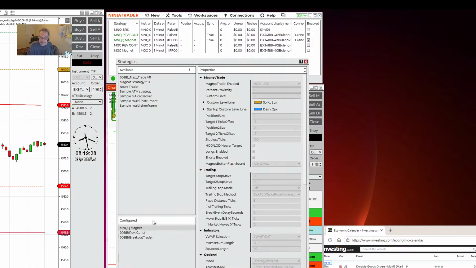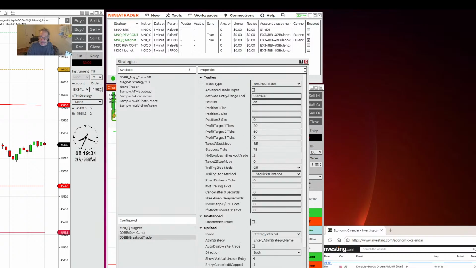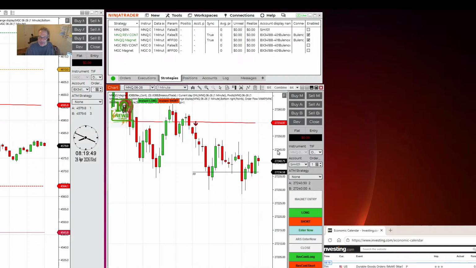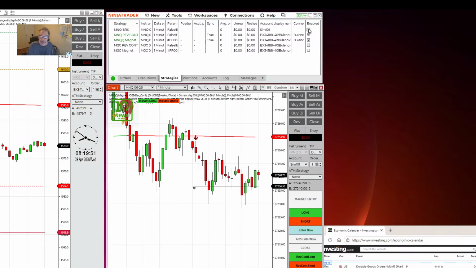If we highlight the breakout, I am going to try for a 30 bracket and go to optional and uncheck show the vertical line. Apply it, okay it. We're still on Sim. Try the bracket one more time by turning on a 0 time trade. And there we go. We have brackets.